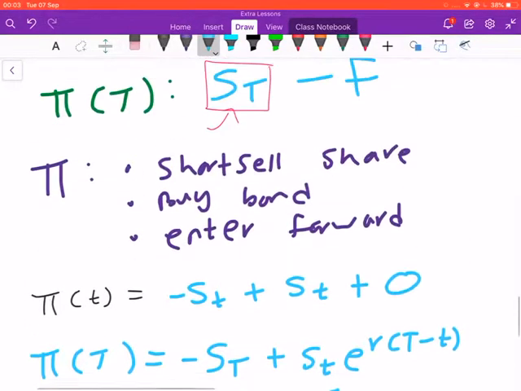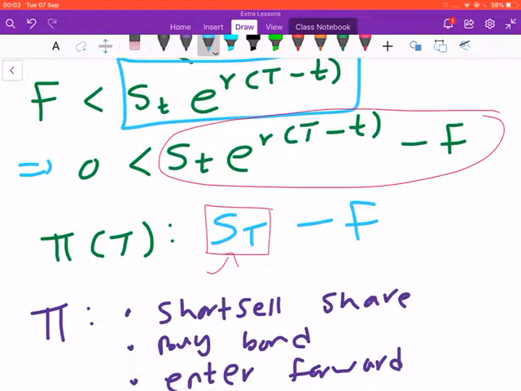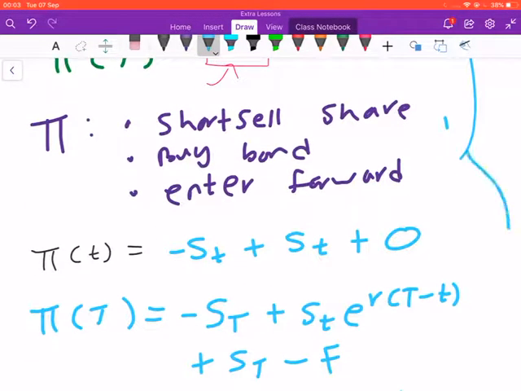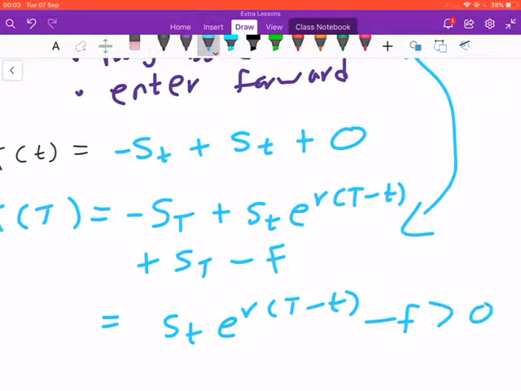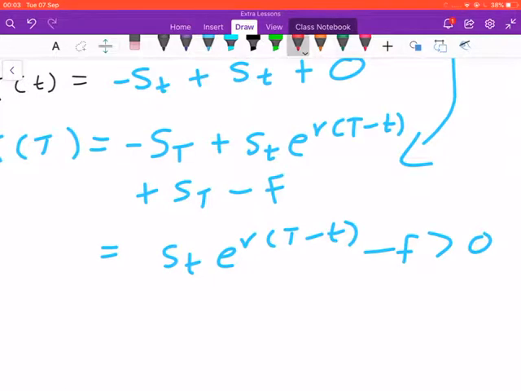And we already said that this thing is going to be greater than 0 from here. Taking it down, this is going to be greater than 0, and therefore this presents an arbitrage opportunity. So it means that you did nothing but you're gaining something. That's what we mean by an arbitrage opportunity.